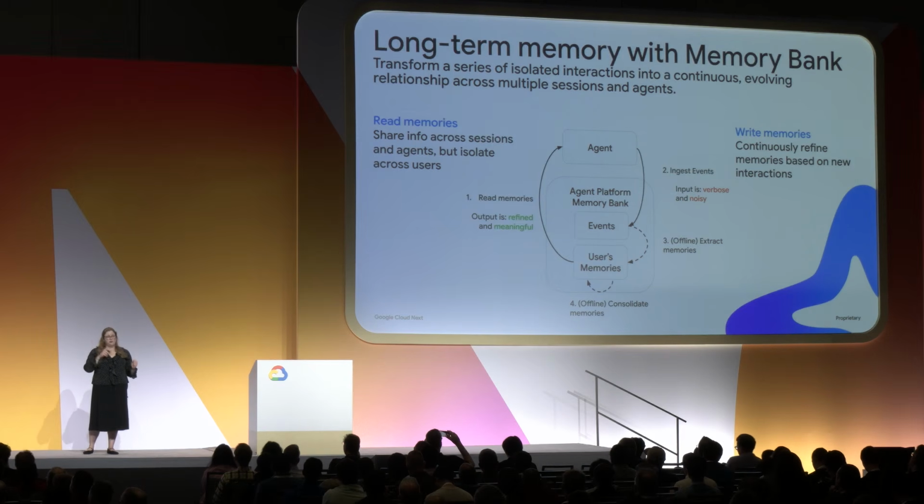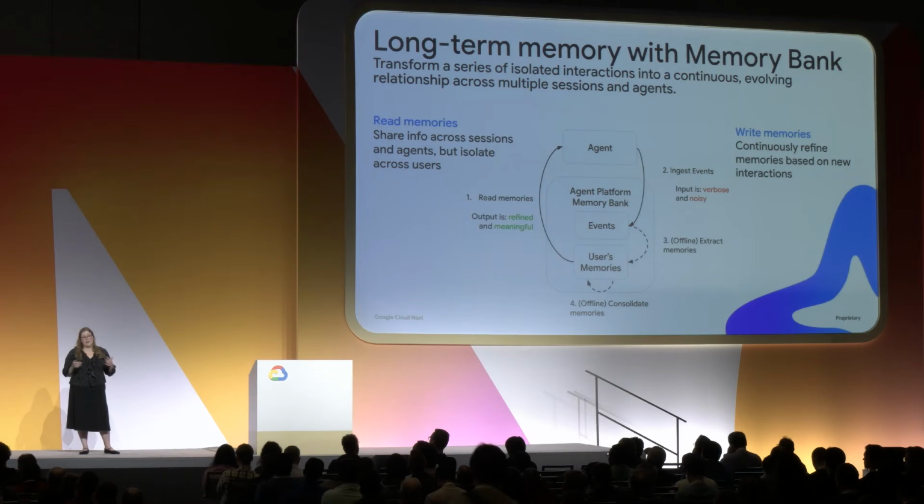So you've streamed events to Memory Bank. In the background, Memory Bank will extract the content that's meaningful and consolidate those newly extracted memories with the memories it already has available on that individual. That's one key thing to emphasize here. Memories are personal. My memories are separate from your memories.